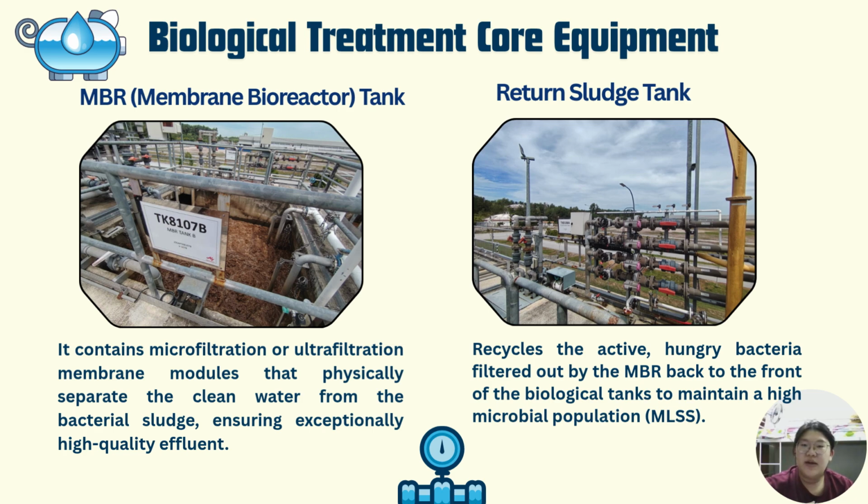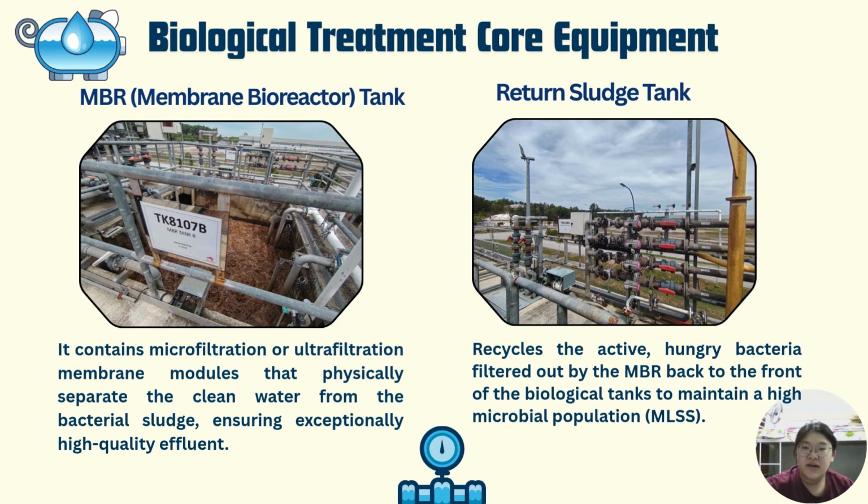After that, the wastewater enters the MBR tanks. These tanks contain advanced microfiltration and ultrafiltration membrane modules that physically separate the clean water from the bacterial sludge. This ensures an exceptionally high-quality effluent, and the advanced physical barrier completely replaces traditional clarifiers, allowing the plant to save a massive amount of physical space.